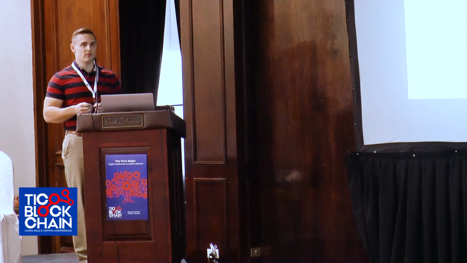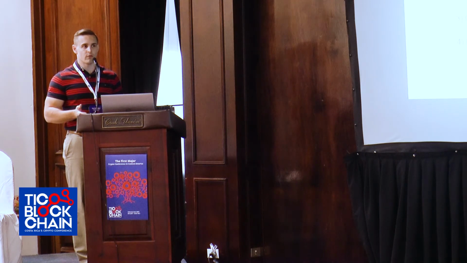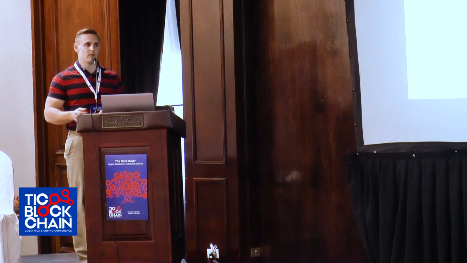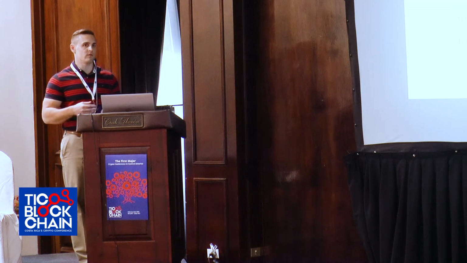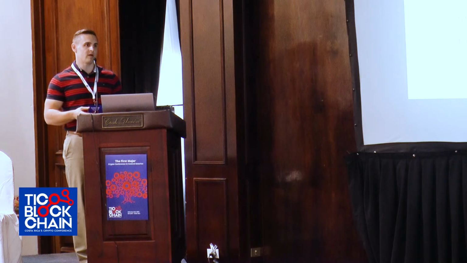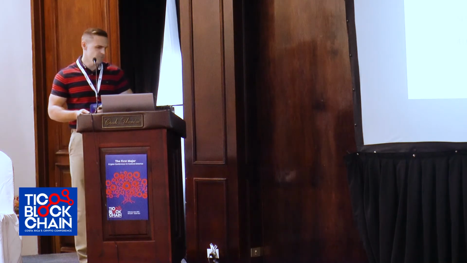So with side chains, you theoretically could have an application running on 20, 30, 40, 50 different side chains. For example, Facebook: you could have one side chain specifically for likes, one for comments, one for posts, and so on and so forth. So you can think about breaking down your application that way.